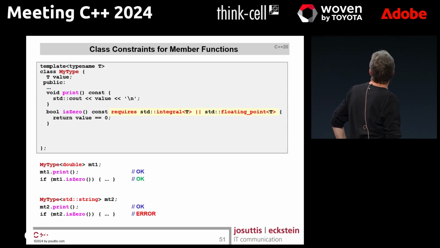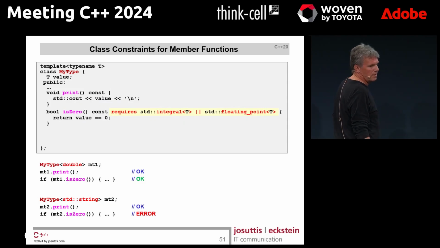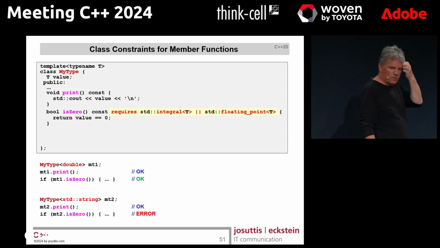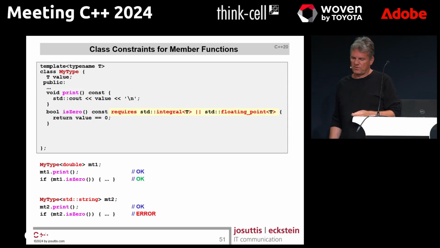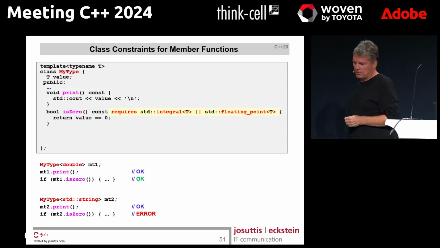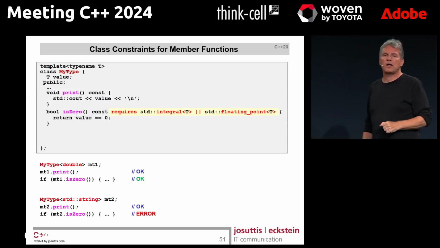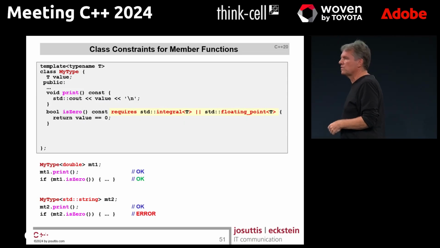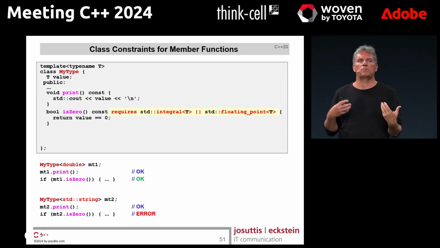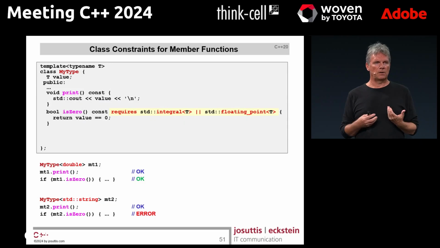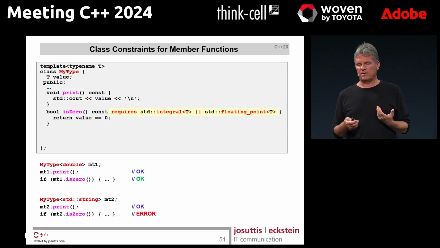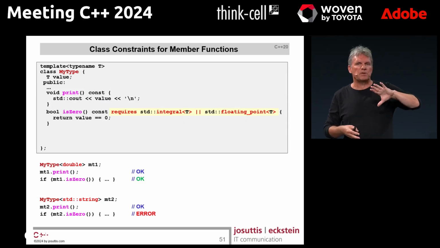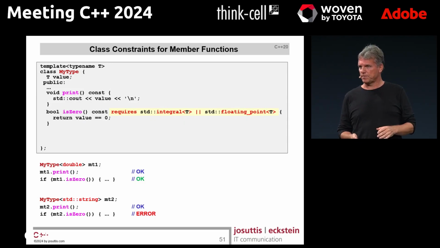So that means my type of double will compile if you call is 0, but for a string, which is neither integral nor floating point, this will not compile. So in the past, we had to use different function templates with partial specialization for that. That way, you can even switch between different return types on some constraints.